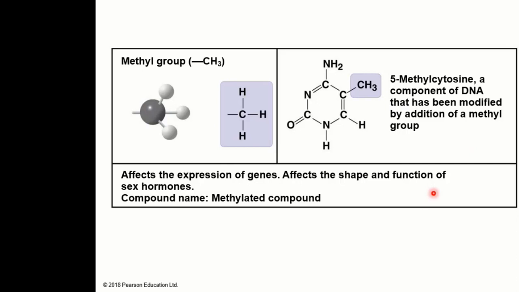Then there's the methyl group, CH3, an example of which is 5-methylcytosine, a component of DNA that has been modified by the addition of a methyl group. Its function is that it affects the expression of genes, and it affects the shape and function of sex hormones.